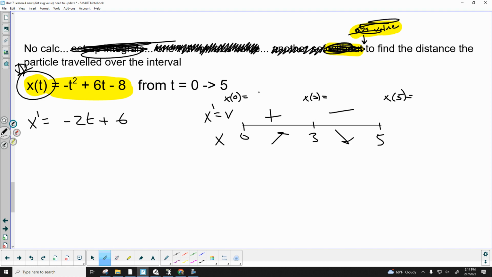Well, x of 0 is negative 8. I plugged in 0. x of 3 is 9 minus 8. That's 1. x of 5 is negative 25 plus 30, which is 5 minus 8. That's negative 3. These were so easily found.